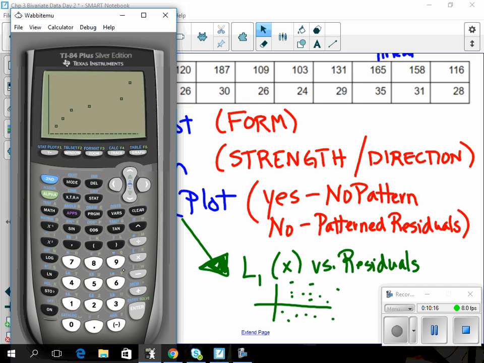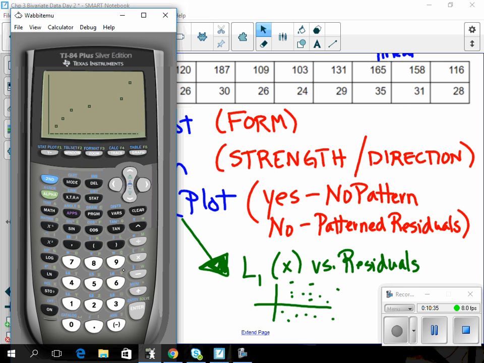So is that kind of what your plot looks like? That looks cubic to me. Would you agree? It doesn't really look linear to me. But let's see how linear it could be. Could we straighten it out? Are there things that we could do? We're going to talk about that later on in the week.